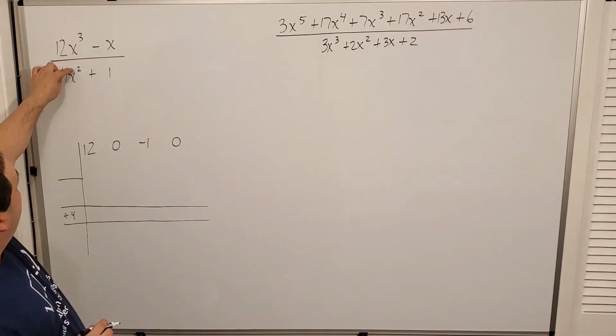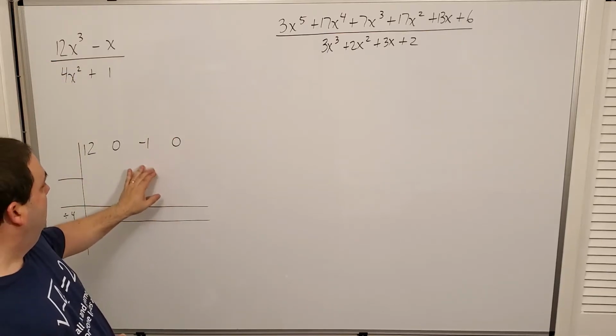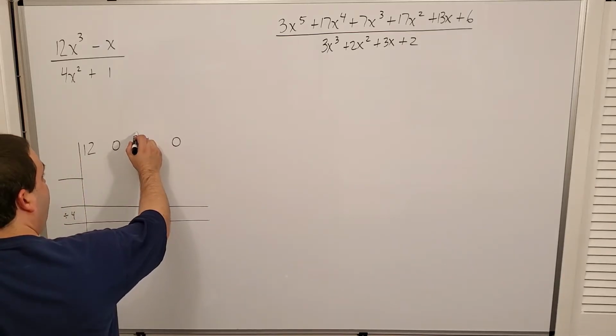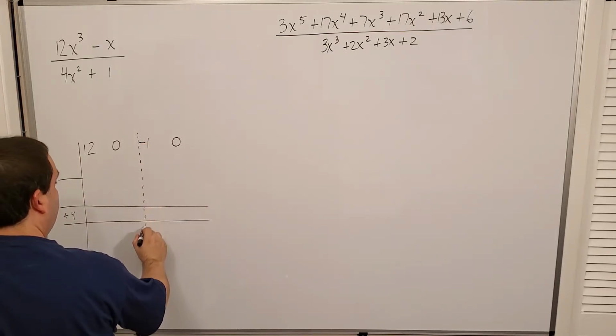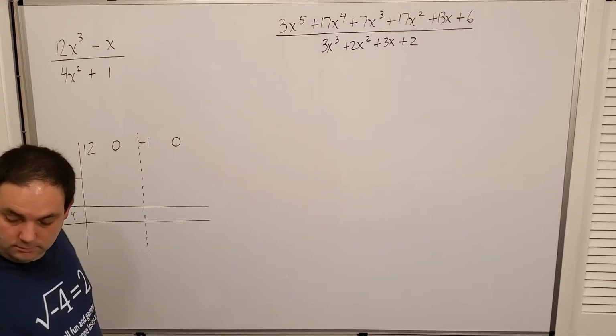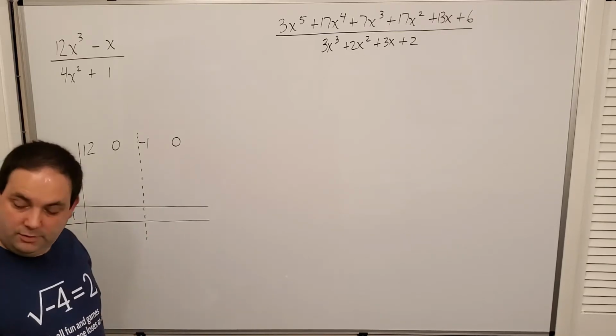Okay, so since I have a squared here, I'm expecting 2 columns of remainder. So that means I'm going to have an imaginary little split right here of where I'm going to stop dividing. All right, so then let me level that out a bit.